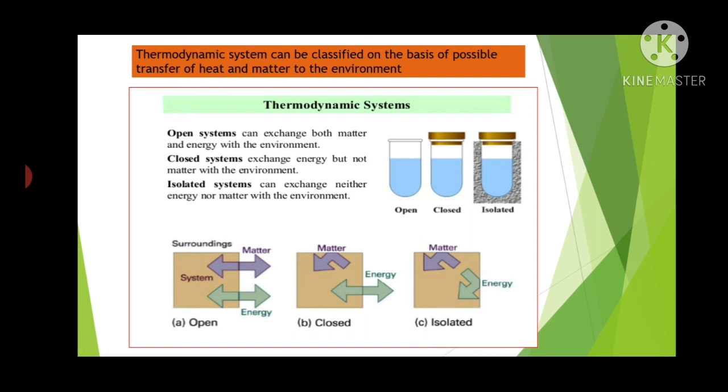In the second diagram below this, there is a square box, right? So in this, the matter is not transferred to the surrounding, but there is a conversion of liquid into gaseous state. So for example, if water is boiling and you keep a lid on it, then what will happen? The water is converted into steam, and this steam is condensed on the walls of the container and the lid of the container, right?